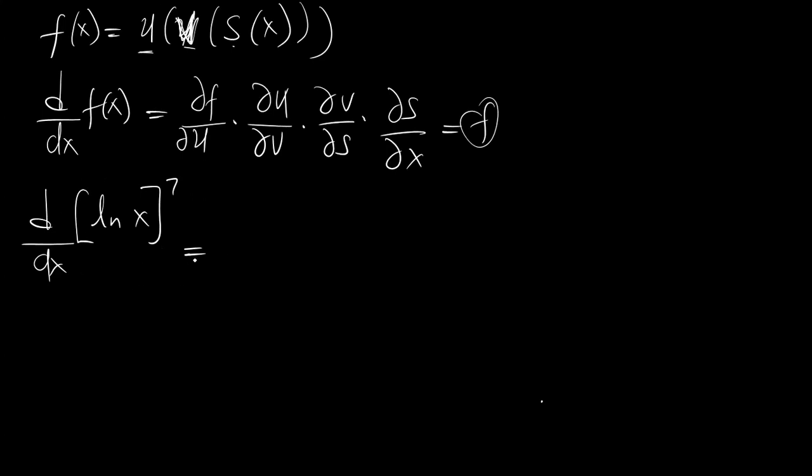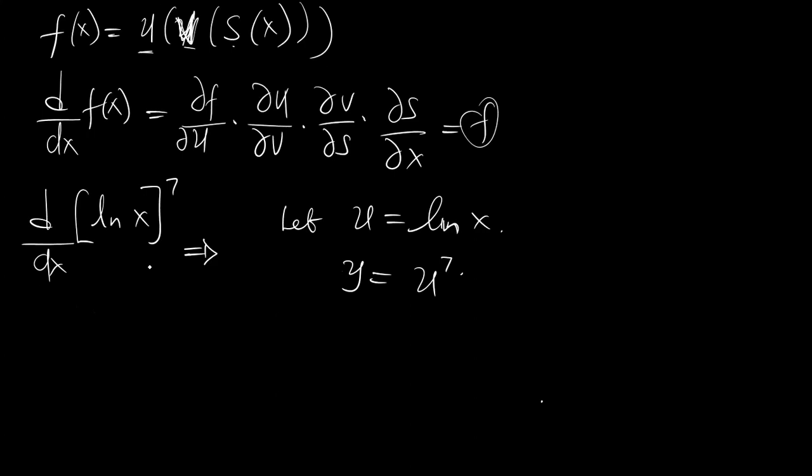Now let me assume that u is equal to ln x. Now if u is equal to ln x, and the whole of this function is y, then y will be equal to u raised to power 7.